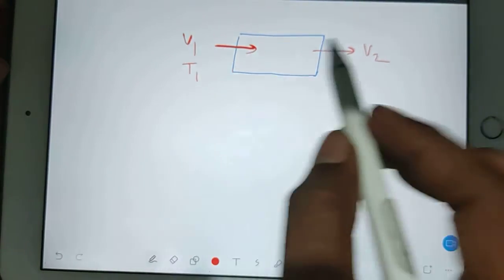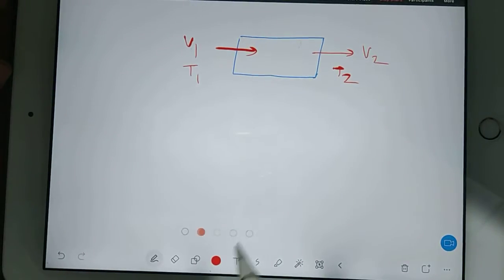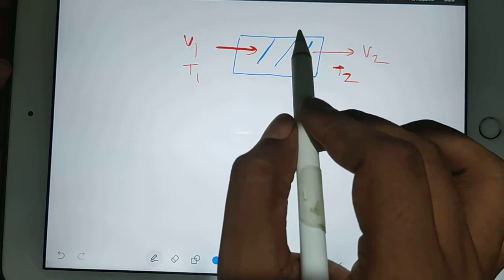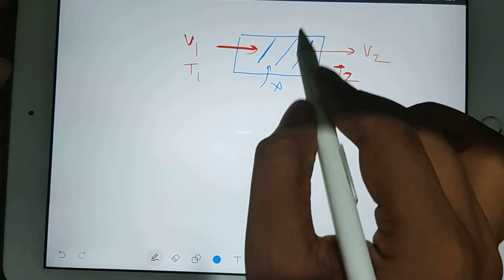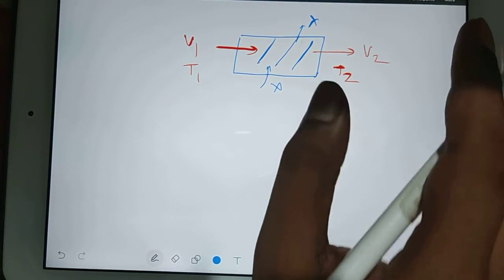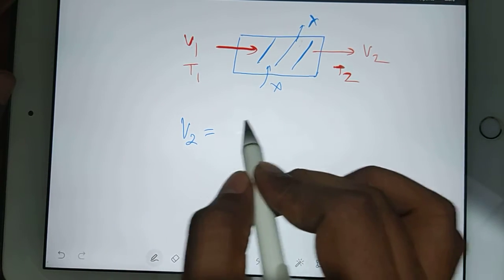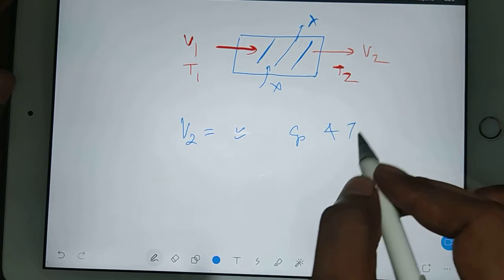Here temperature is T1, here temperature is T2, and whenever there is a nozzle, there is no heat transfer, there is no work transfer, because a nozzle is a simple pipe. So you have to give your V2 formula in terms of Cp and temperature.